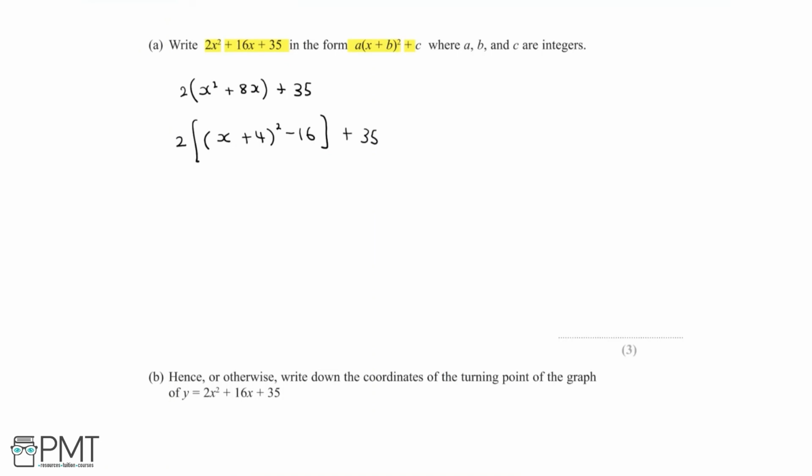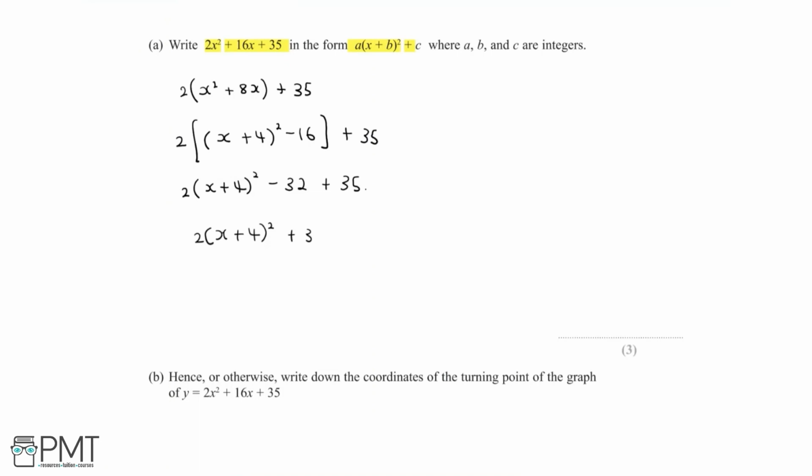So we can multiply 2 by each term. 2 multiplied by x plus 4 all squared is 2 multiplied by x plus 4 all squared. Now 2 multiplied by minus 16 is equal to minus 32. And then the plus 35 at the end. Now minus 32 plus 35 is equal to plus 3. And so we can write this down as 2 multiplied by x plus 4 all squared plus 3.